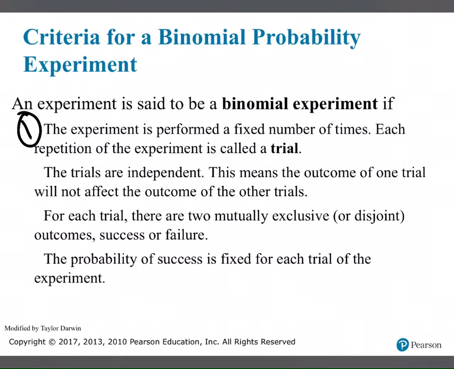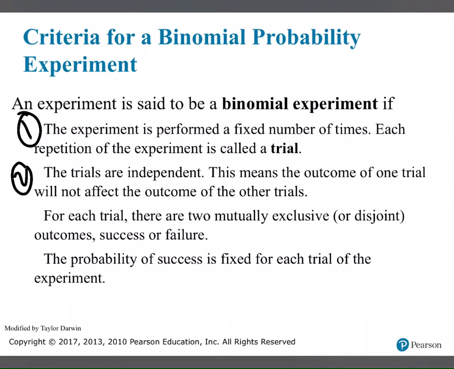One is that it's performed a fixed number of trials. So I can't just say I want to ask people if they got an A on this test until I find 10 people. No, I have to say I'm going to ask 20 people and see how many out of those.